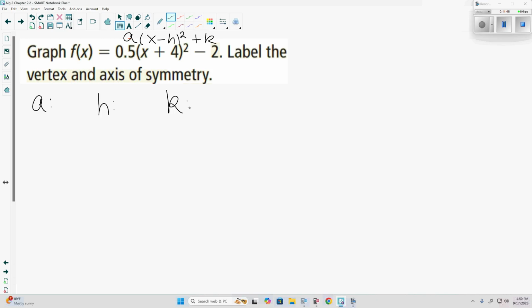And looking at this here, what's the value of a? 0.5. What's the value of h? It is 4. Would it be positive 4 or negative 4? Negative, because the only way we can get to x plus 4 is if the value of h is negative. And our value of k is 2. Would it be positive or negative? Negative.